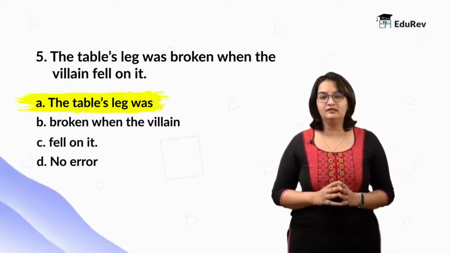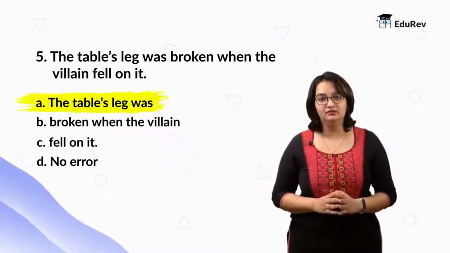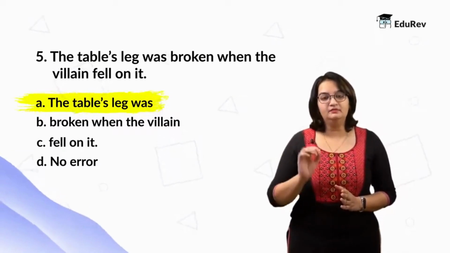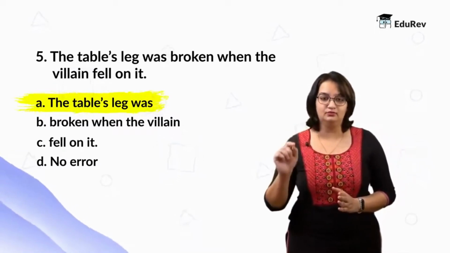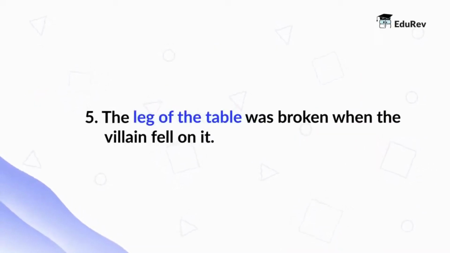Inanimate objects, for example, the table, cannot exert any kind of possession on anything. And therefore, to resolve this particular problem, we will make use of of. How? So, the correct statement is, the leg of the table was broken when the villain fell on it.